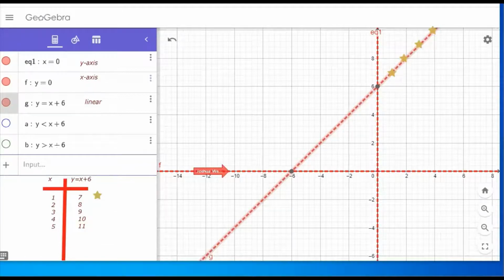What's interesting here is that if we choose special values, such as 0, we get that the y value will be 6. And if we choose -6, then the other variable will be 0.